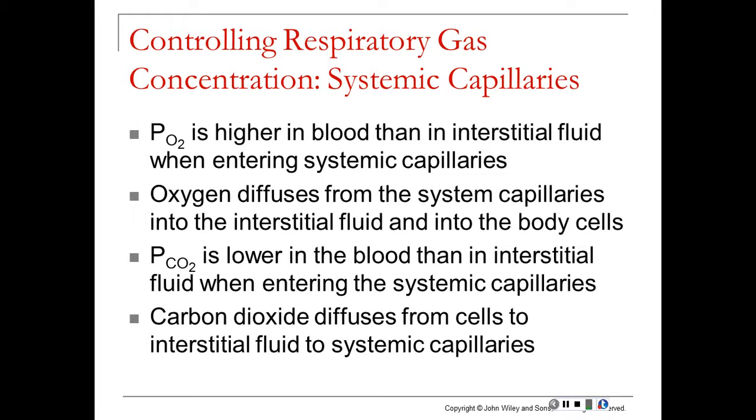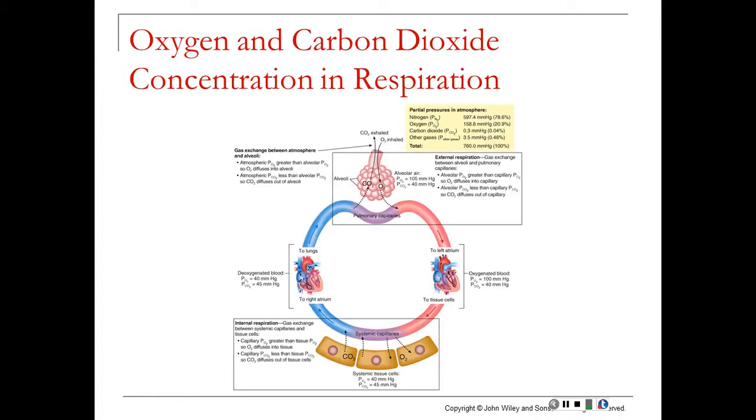So oxygen is going to diffuse from the systemic capillaries into the interstitial fluid of the body cells. The partial pressure of carbon dioxide is lower in the blood than the interstitial fluid, so vice versa. Carbon dioxide is going to go from those cells, the interstitial fluid of the cells, into the systemic capillaries, up to the pulmonary capillaries, and then ultimately out through the alveoli and our pulmonary ventilation system.